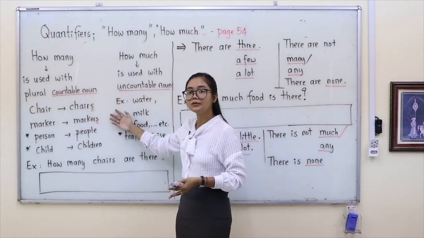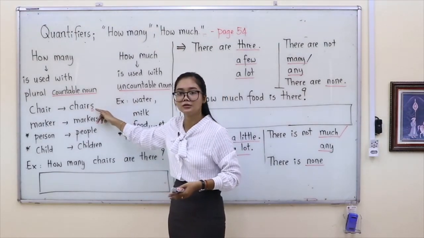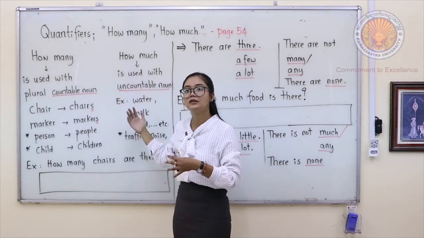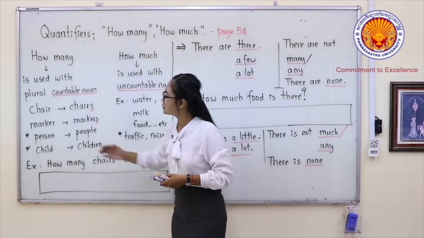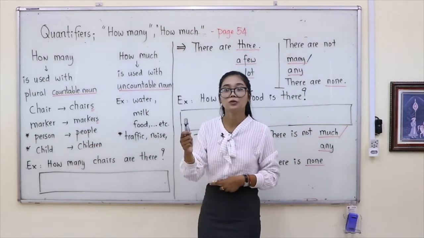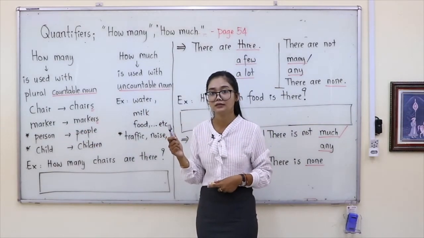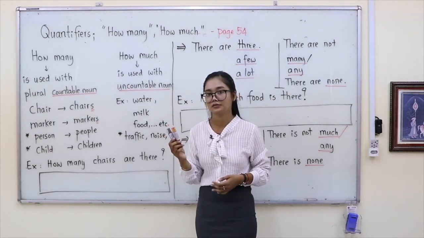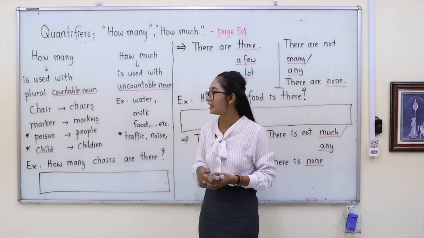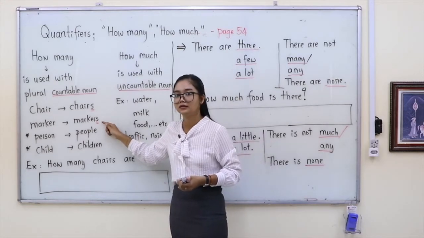When it becomes plural, we add s. So one chair, 2, 3 chairs. Another word is marker. One marker, or a marker. When it becomes plural, 2 markers. So we add s to the word marker.